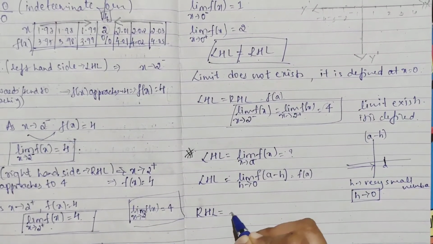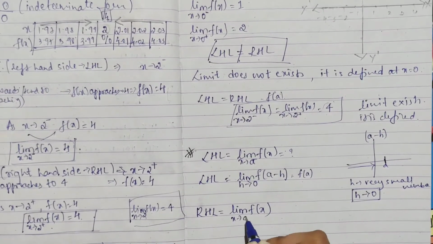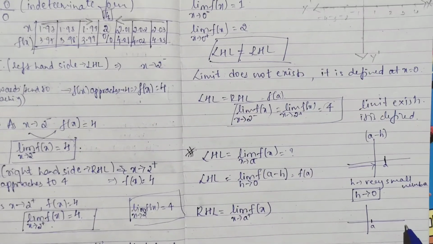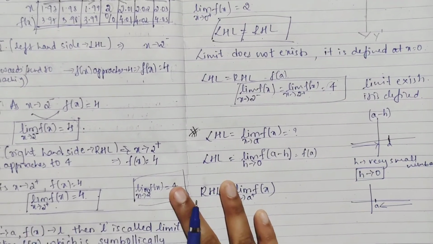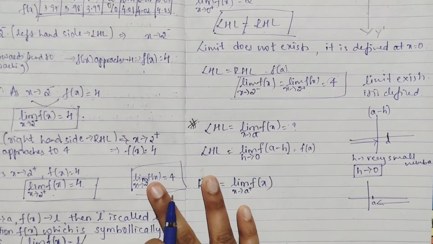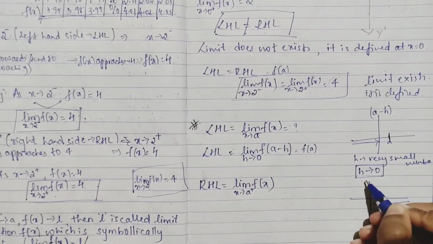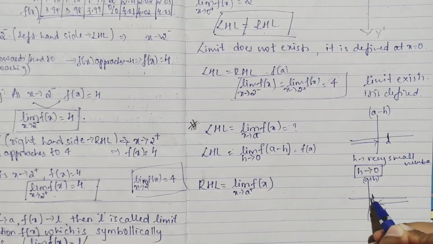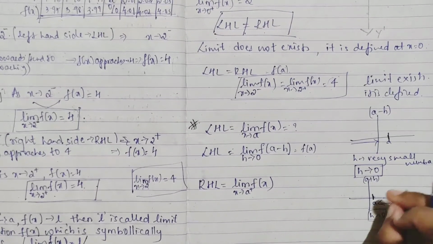Same for RHL, f of x as x tends to a plus. Here also, your a is there and you are approaching from the right side. Before the approaching point, you are finding the limiting value. So we take a plus h, which means after your a value you will get some point, like 0 plus 1.